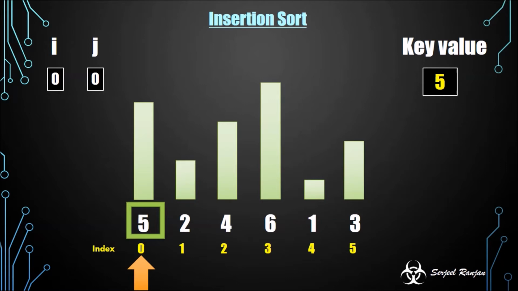Before performing the insertion sort algorithm over this array, I will give you a basic idea of how we are going to do this. This arrow will move one step at a time, and by the time this arrow has reached the end of this array, the array will be sorted. In the meanwhile, whenever the arrow moves one step from the previous index, the box will move backward step by step.